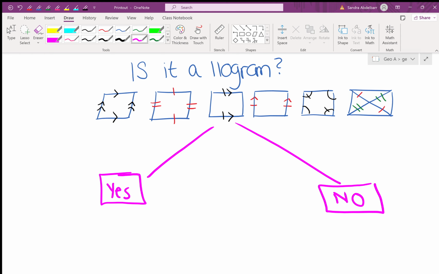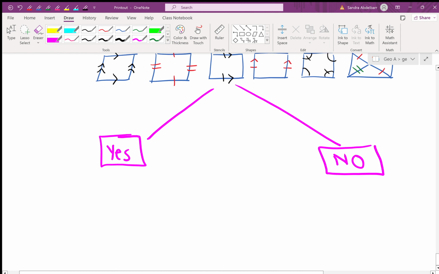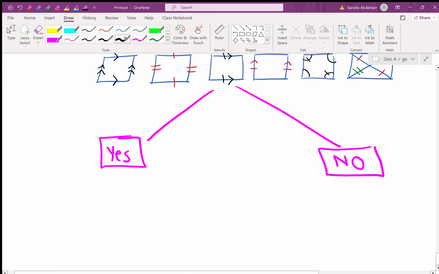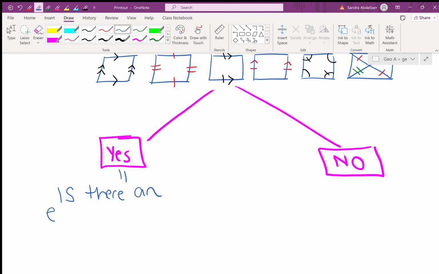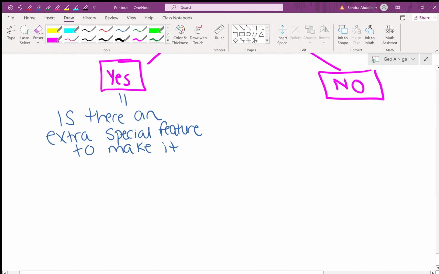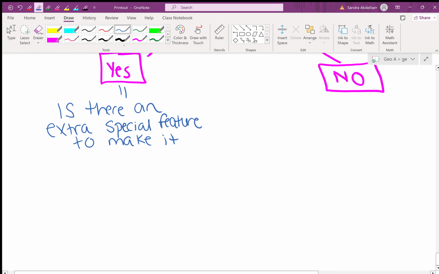If it's a yes, then you're going to ask yourself, is there an extra special feature to make it a rectangle or a rhombus?